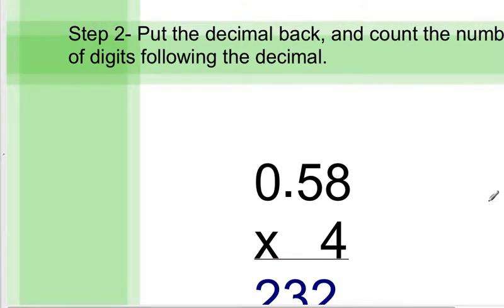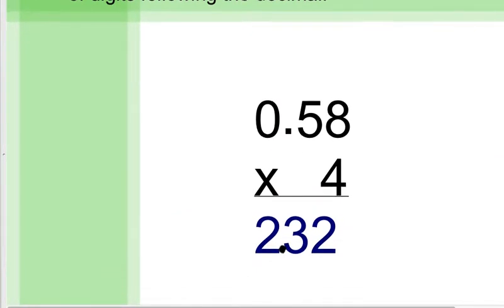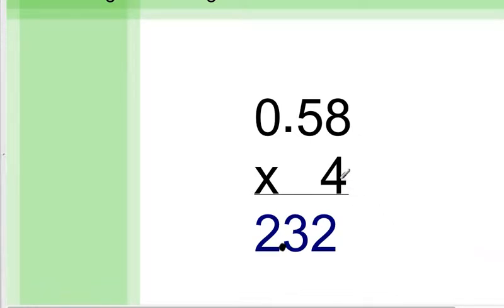So we look at this, and they did 4 times 8 is 32, carry the 2, carry the 3. 4 times 5 is 20, plus 3 is 23, and you're going to carry the 2. 4 times 0 is 0, plus 2 is 2, so we have 232.